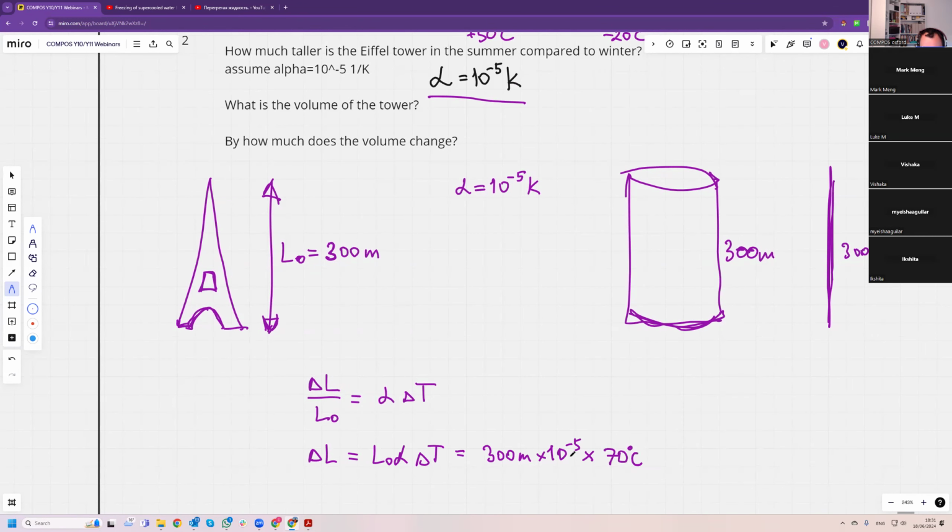This is per Celsius, so Celsius cancels, of course. And we get 300 times 70 times 10 to the power -5, which is 0.21 meters, which is 21 centimeters, which is not a small change.